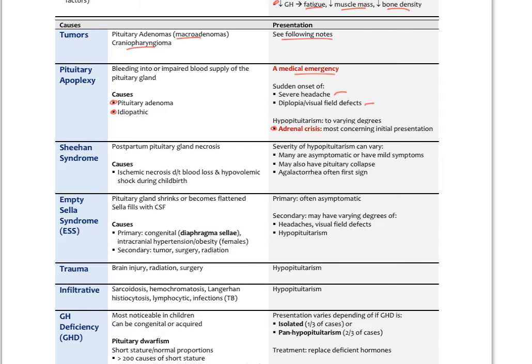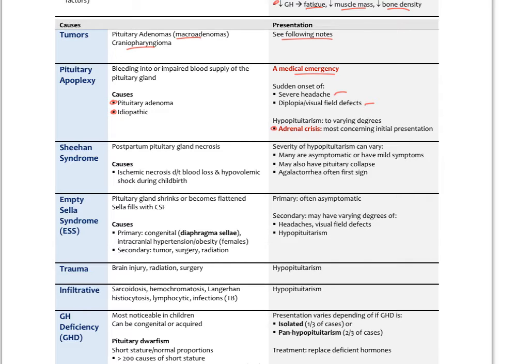And that can be a temporary thing. It could reset pretty quickly after delivery. Or it can go on for years, and a lot of women actually have very mild symptoms of low thyroid and whatnot. They don't really get that investigated until years later, and then we're able to trace back, it actually started after delivery. So that's Sheehan syndrome. And again, you can have various degrees of presentation.